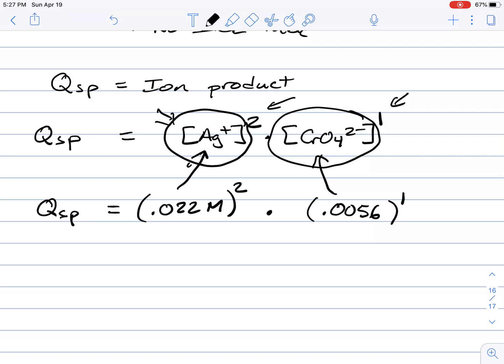Now that I have my new concentration, I'm simply going to raise each value to its power as indicated in the equation and multiply them together. So 0.022 squared is going to give me 4.84 times 10 to the negative 4, times 0.0056. And that's going to give me a Qsp value of 2.7 times 10 to the negative 6. And once again, remember that Qsp is unitless.